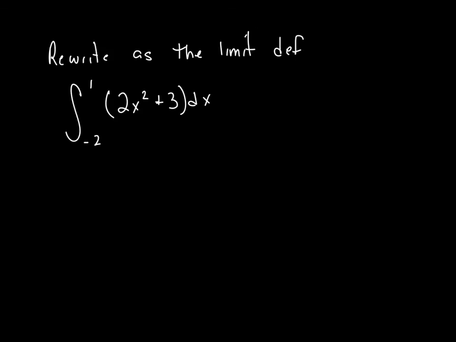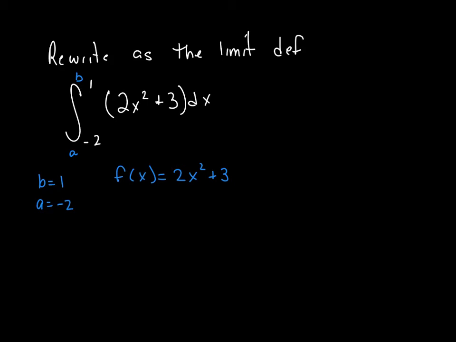All right, so now we're going to put it all together. Let's label everything. So what do I know? I know that this is my upper limit, this is my lower limit, so b is equal to 1, a is equal to -2. I know f of x is equal to 2x squared plus 3. Now, the number of rectangles, I don't need to know that.